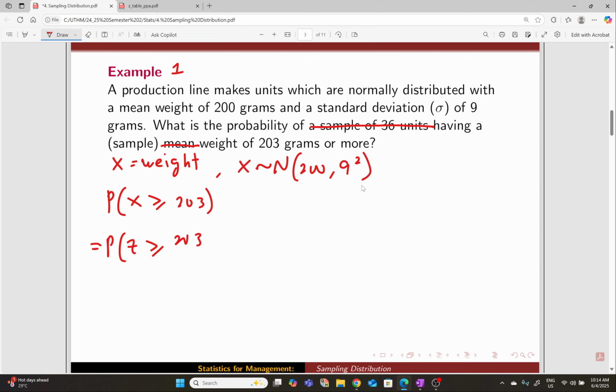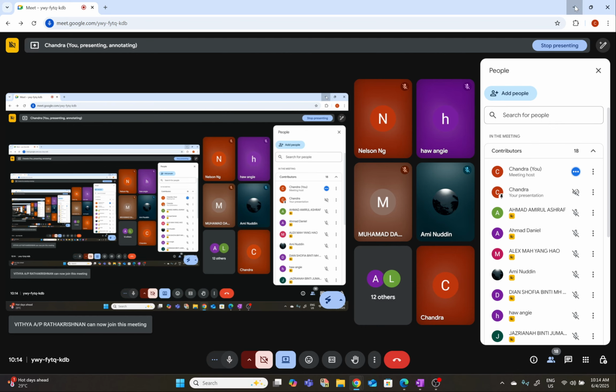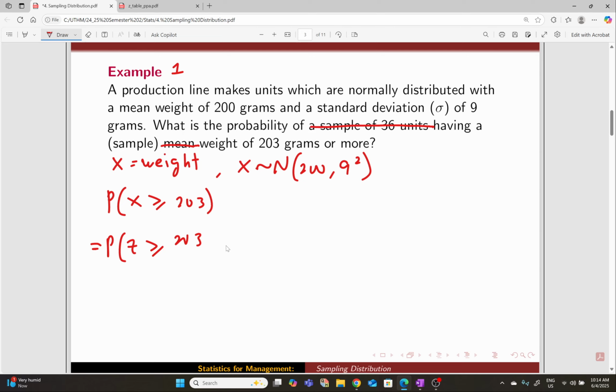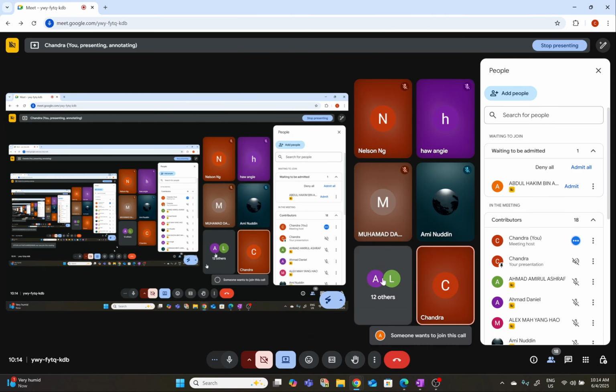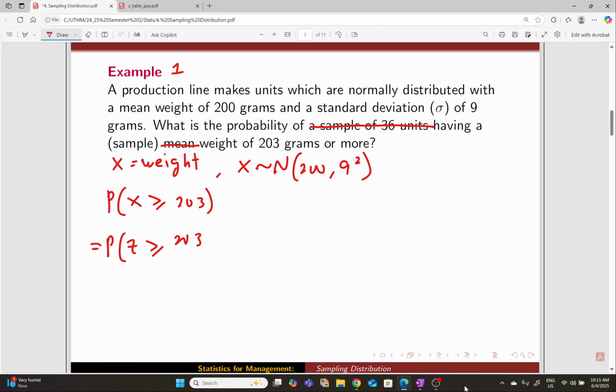So I will write it as variance, 9 squared. This is the normal question, the one I taught you in class last time: minus the mean, which is 200, divided by standard deviation.